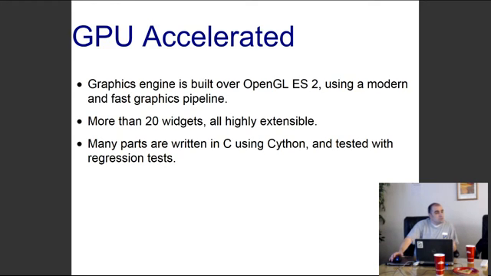So if you're going to be doing graphics processing in your application, they have done a very good job at being able to handle that. You can even do things like double buffering and stuff like that in order to be able to write to a back buffer and then swap buffers on your own if you're pretty graphics intensive in your application. Many parts are written in C using Python, tested with regression tests. So you know that right there that they're pretty stable.